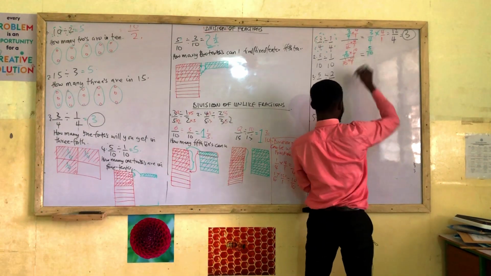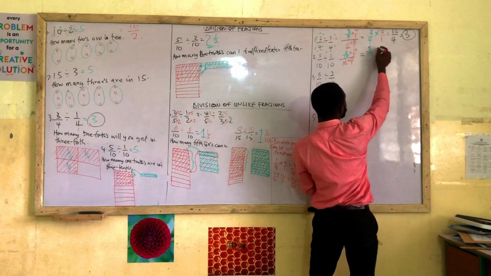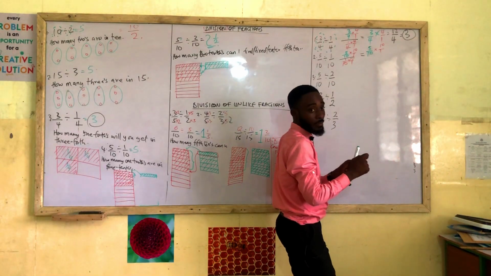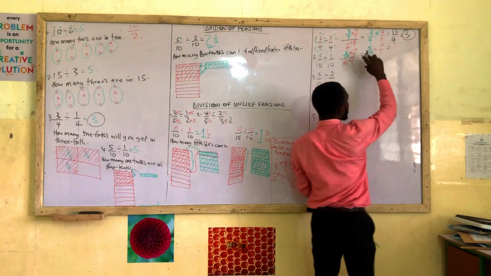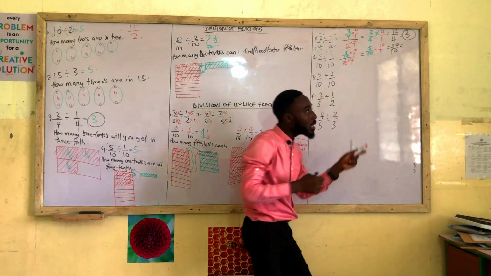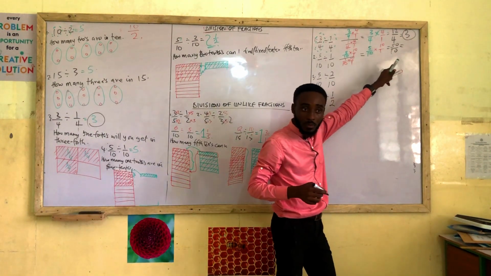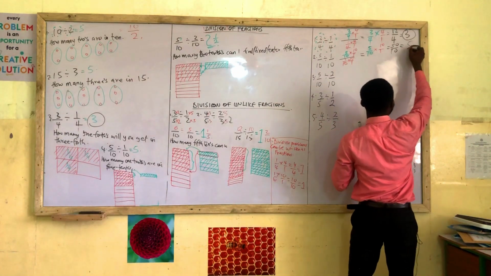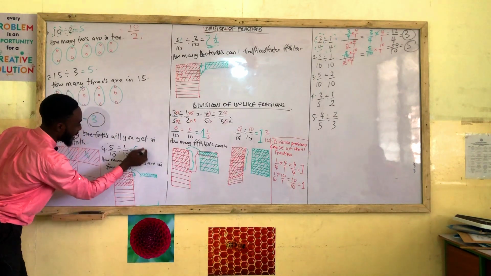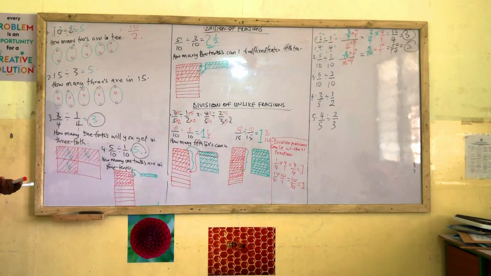5 out of 10 times what? 10 out of 1. And I'm going to get what? 50 out of 10, which equals 5. Can we locate this somewhere? Here. Can you see that? Yes.